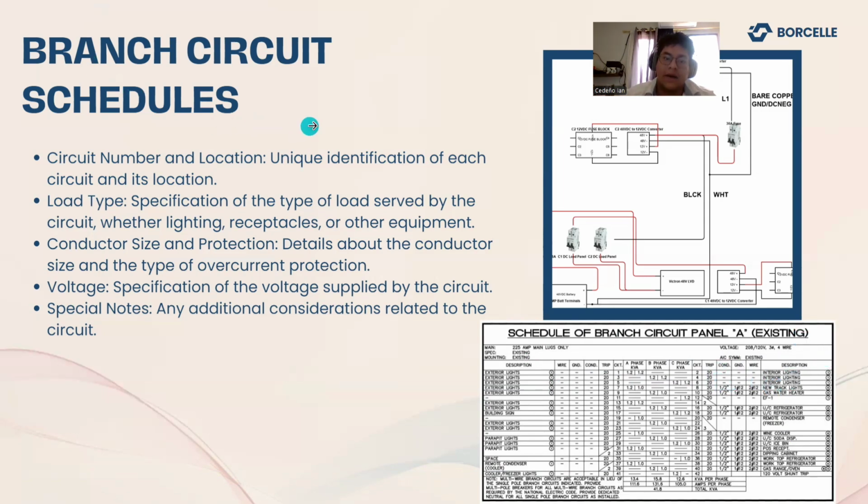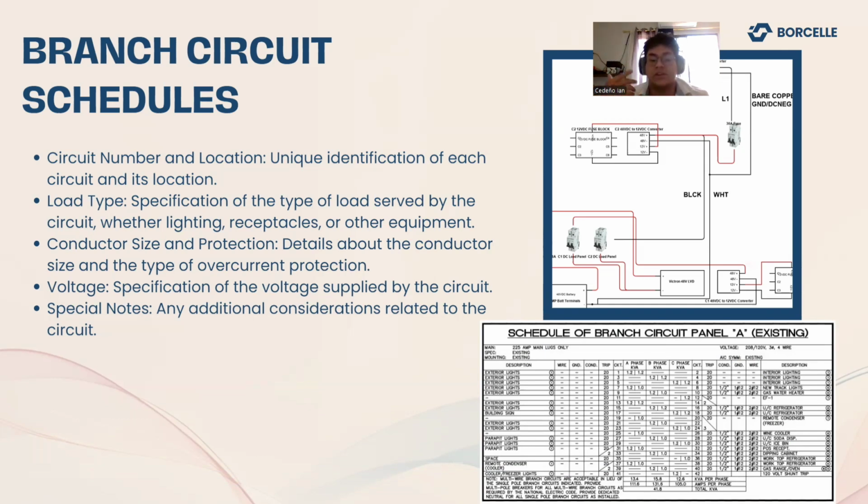For a correct branch circuit, we have the circuit number and location, a unique identification for each circuit. The load type: the specification of the load served by the circuits, whether lights, receptacles, or other equipment. For conductor size and protection, the details about the conductor size and the type of protection.